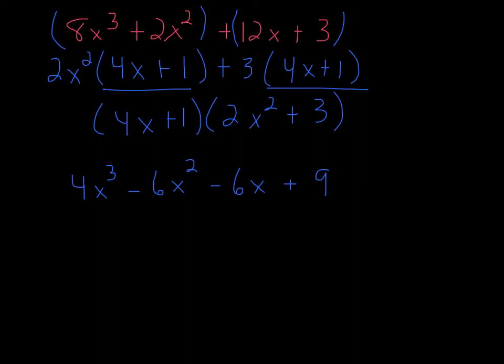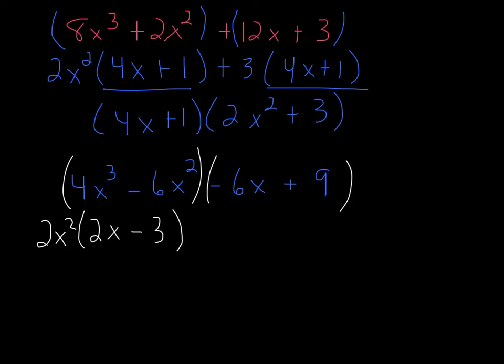Alright, next one. We don't have anything in common again, so let's do our common factors. Here we have 2x squared, and that leaves us with 2x minus 3. And then over here we have negative 6x plus 9. I don't want the x to be negative, and if I just pull out a regular 3, my x is going to be negative.